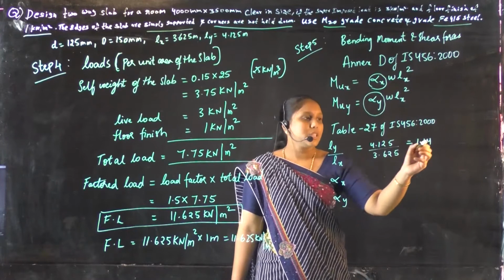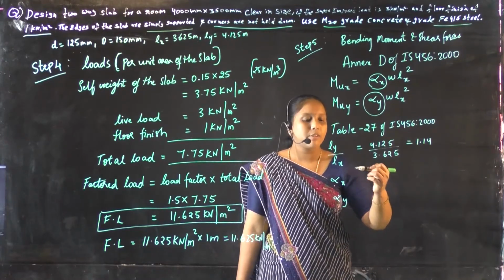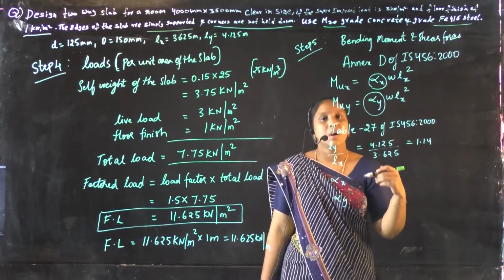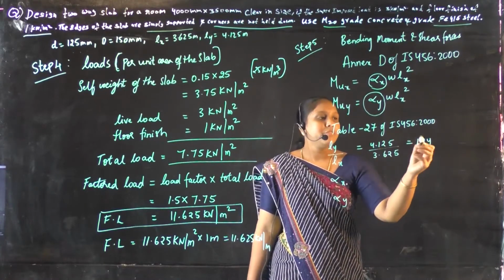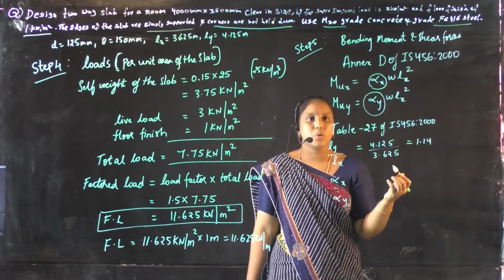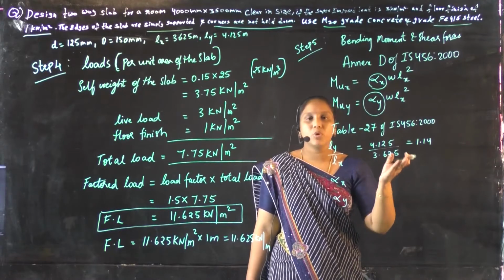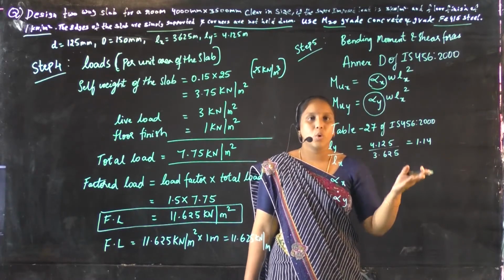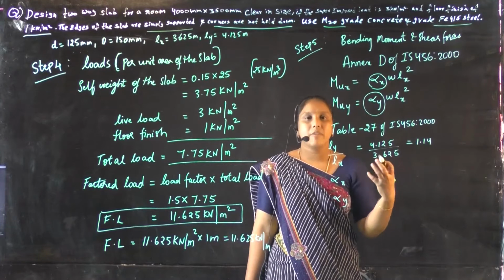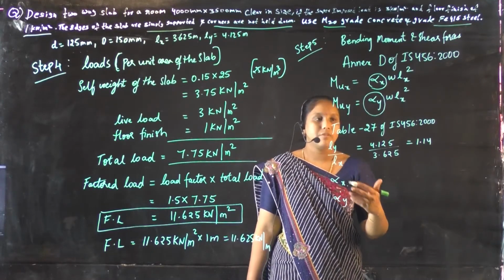For this 1.14, we have to take from Table 27 the alpha x and alpha y values. But if 1.14 is not available, then we have to take the higher and the lower values, do interpolation, and find out the alpha x and alpha y values.